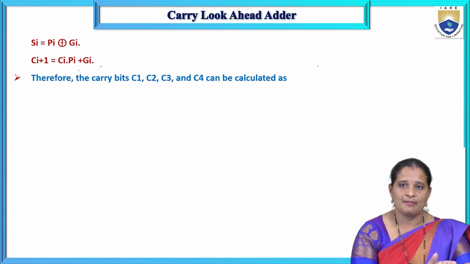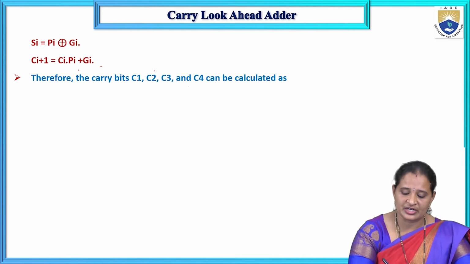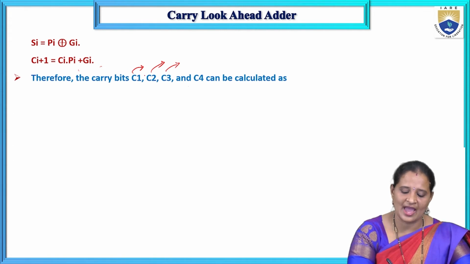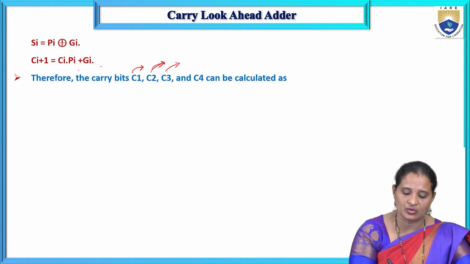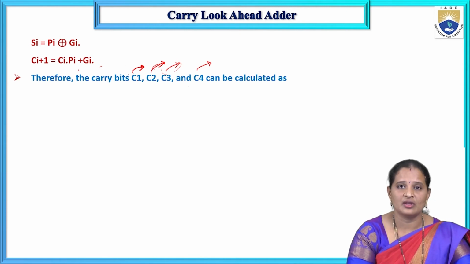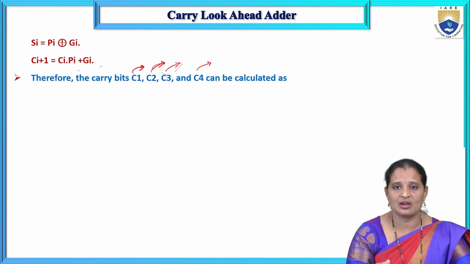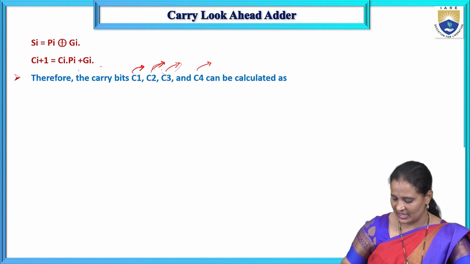In the previous ripple carry case, in order to generate C2, I have to wait for C1, to generate C3 I have to wait for C2, and to get C4 I depend on C3, which depends on C2, which depends on C1. To avoid this delay, we have our own carry equations, so that whenever the inputs are applied, all the carries are generated at a time.